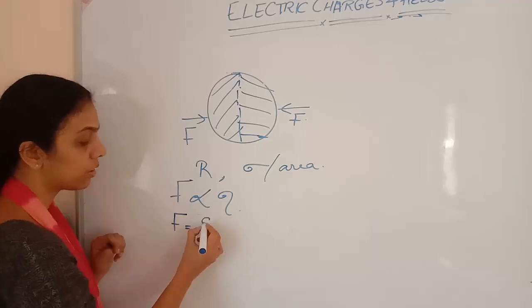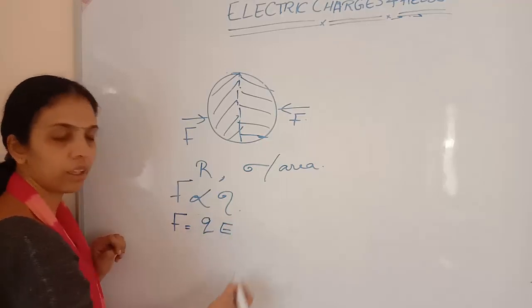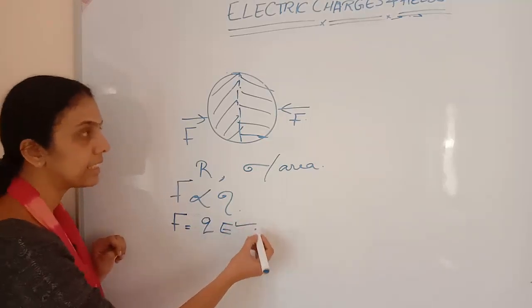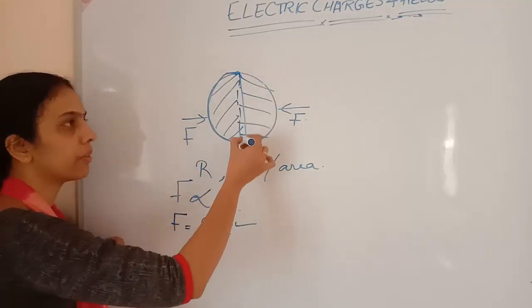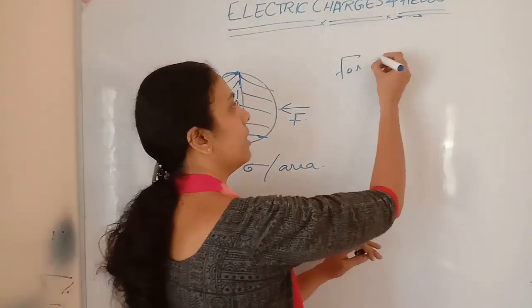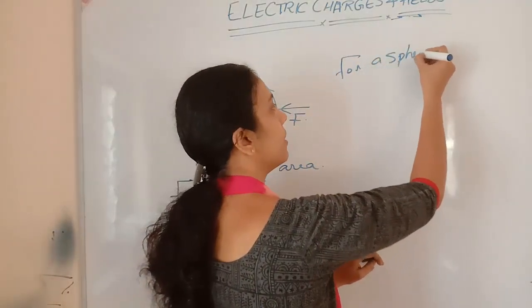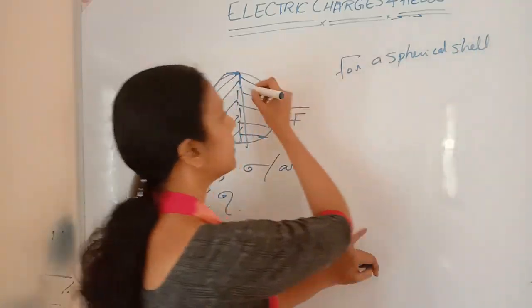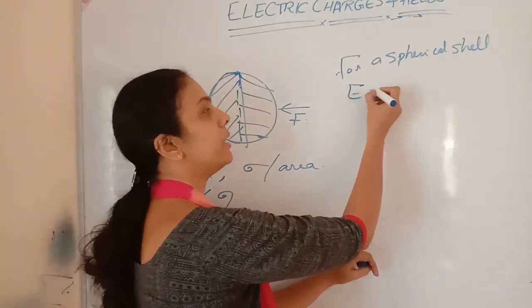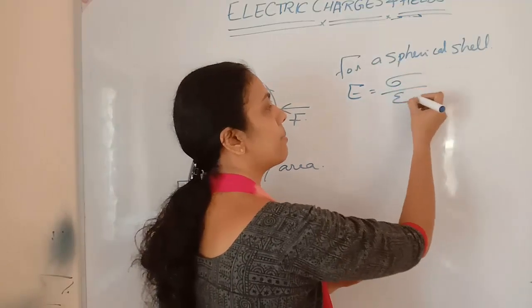Force is equal to Q into E. What will be the electric field for this hemispherical shell? For a spherical shell, we got on the surface E equal to sigma by epsilon 0.